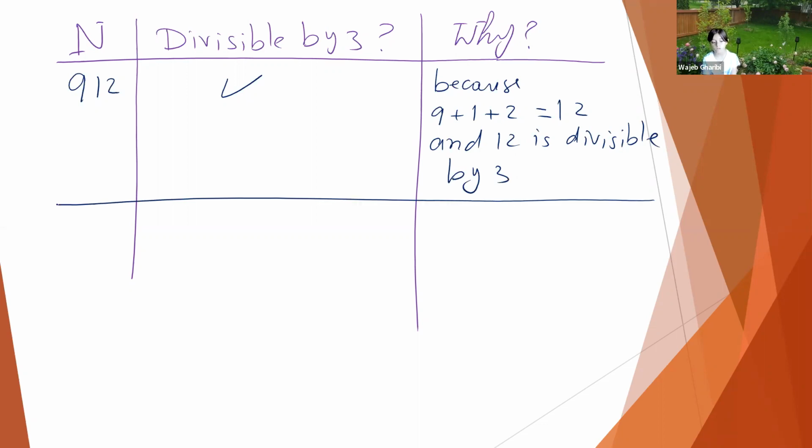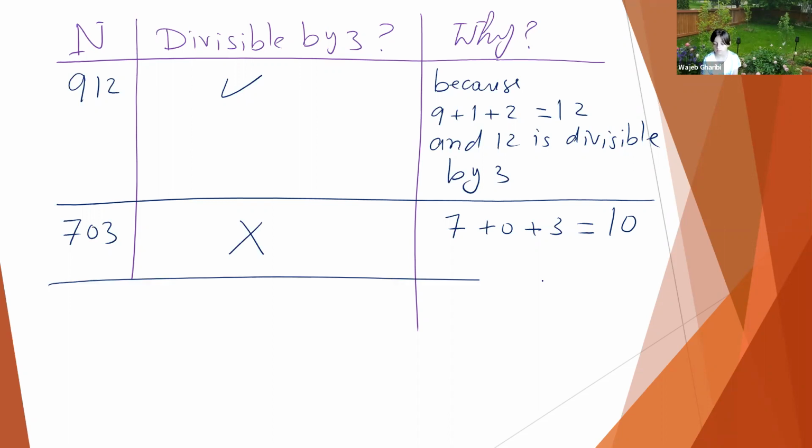Give me another example: 703. Is it divisible by 3? No. Why? Because 7 plus 0 plus 3 equals 10, and 10 is not divisible by 3. So here the sum of its digits is not divisible by 3.